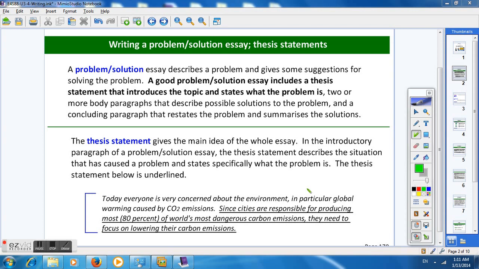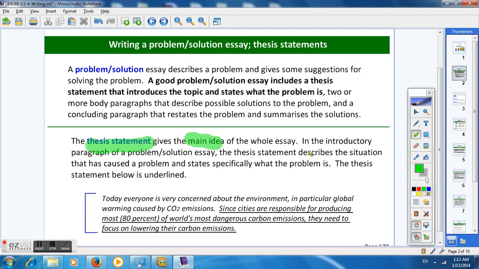Today, everyone is very concerned about the environment, in particular global warming caused by carbon dioxide emissions. Since cities are responsible for producing most, 80%, of the world's most dangerous carbon emissions, they need to focus on lowering their carbon emissions.